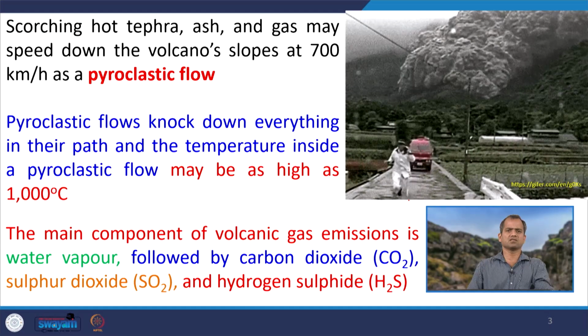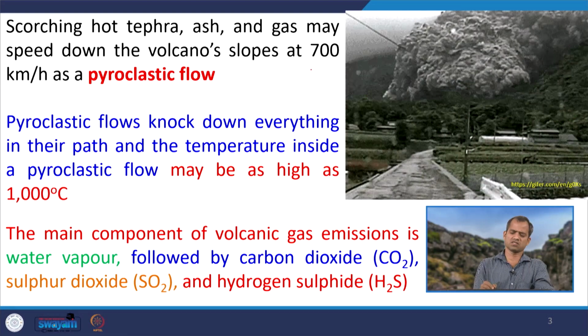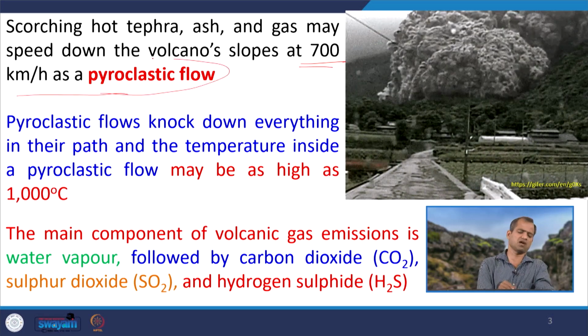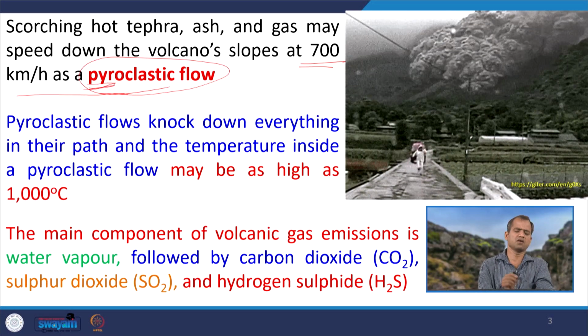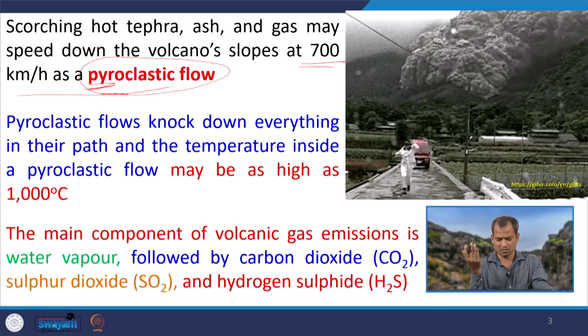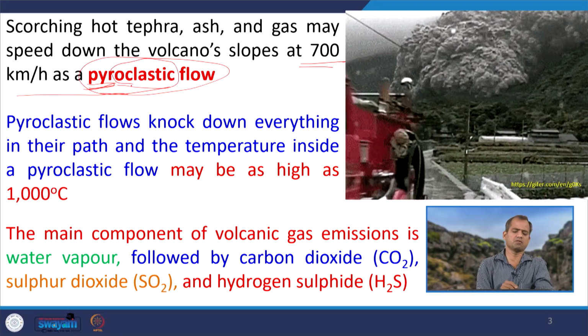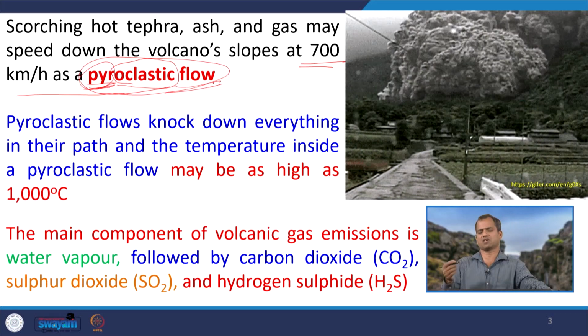Then the cooling hot tephra, ash and gas may speed down the volcanic slope at around 700 kilometers per hour, and that is called a pyroclastic flow. Pyro means fire, and clast means fragments developed from the fire of the volcano, flowing down, so it is called a pyroclastic flow.